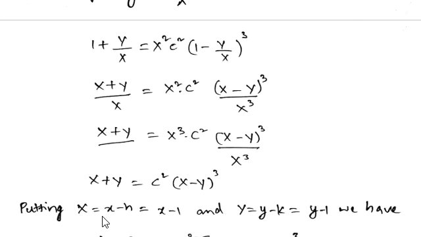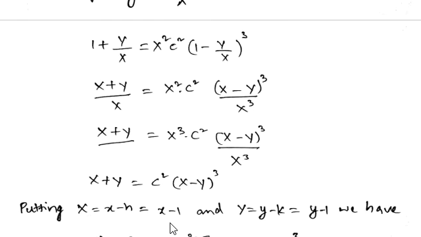And once again, replacing capital X with small x minus h, since we have assumed small x as capital X plus h, small y as capital Y plus k. So from that you can write capital X is equal to small x minus h. In the place of h we got 1, so x minus 1.